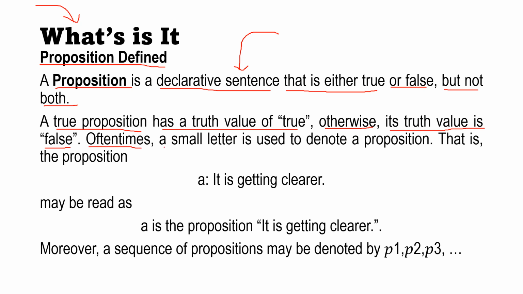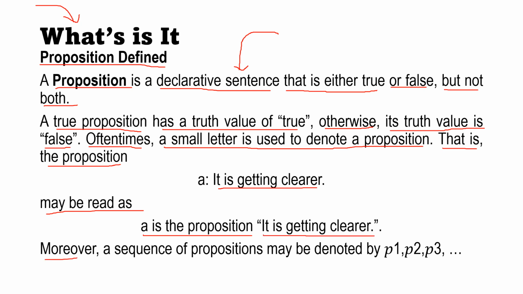Oftentimes, a small letter is used to denote a proposition. That is, the proposition A. It is getting clearer. So we can read this as: A is the proposition that it is getting clearer.